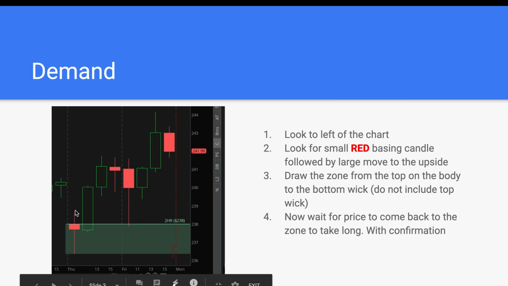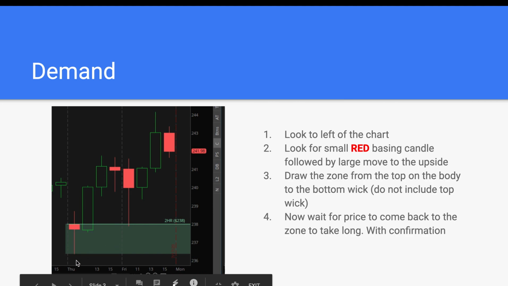You want it to be a basing candle that ended up being a balanced area where buyers and sellers agreed in a small range on price. And then the next candle, we have a pop up. So you draw your zone from the top of the body to the bottom of the wick of that candle.